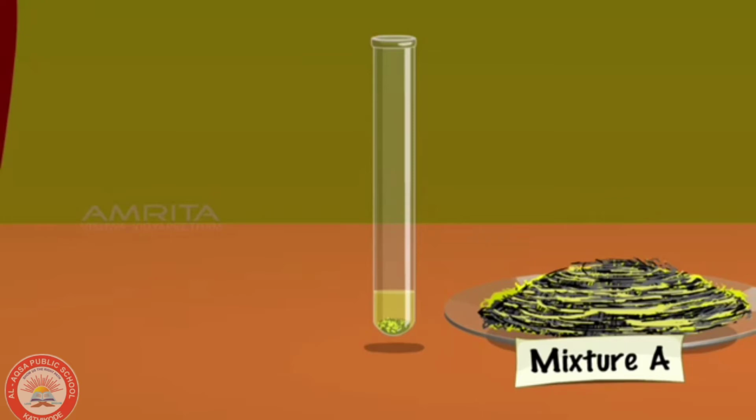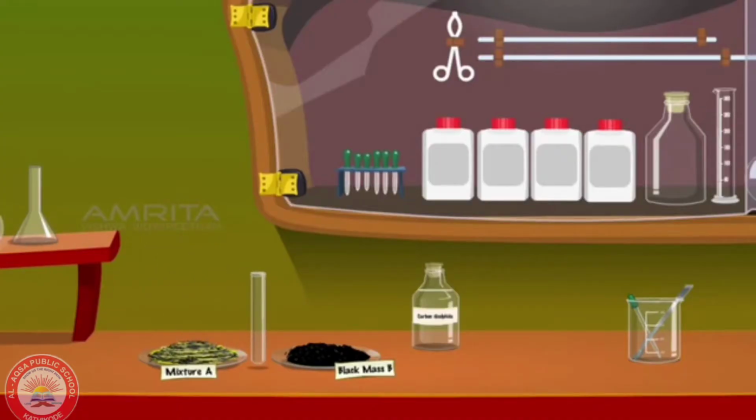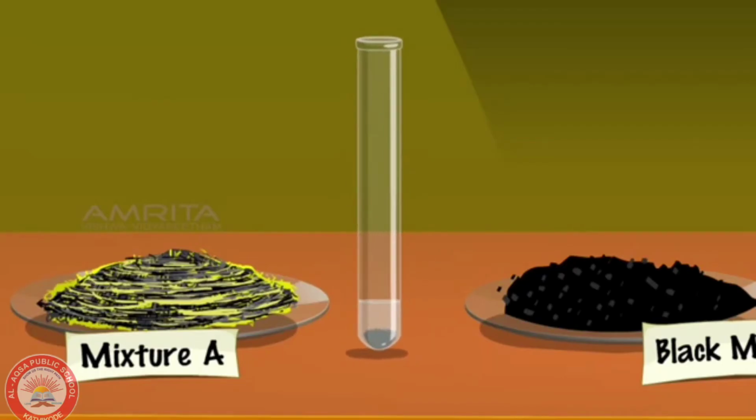That means here sulfur shows its own property. But if you take this black mass in a test tube and add carbon disulfide, here sulfur cannot show its property, because sulfur loses its property when it becomes a compound. So there is no change in test tube 2.